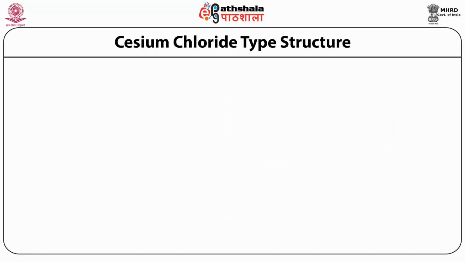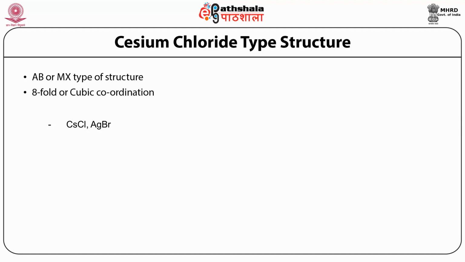Now come cesium chloride type structures, that is CsCl structures. Such structures are AB or MX type of structures, and some of the examples are halides such as cesium chloride, silver iodide, silver bromide, etc. It has eightfold or cubic coordination, and the other examples for such type of structures are rock salt structured oxides at high pressures.